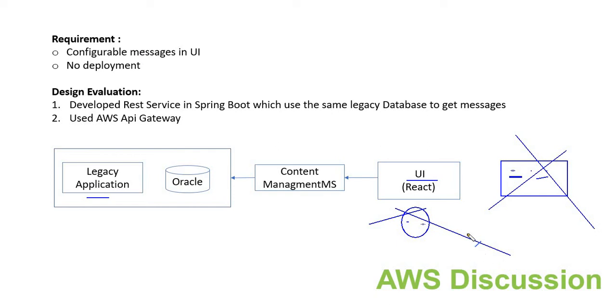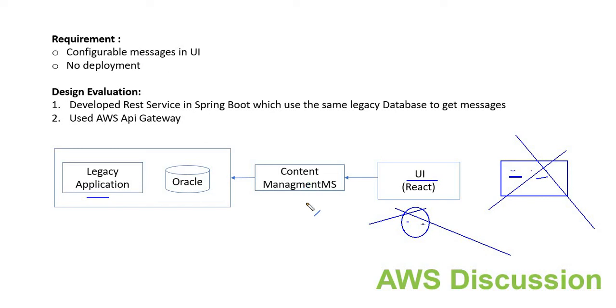So we thought we need to develop a new microservice, a content management microservice, which can get the data for the key we send. Based on the key we send, it returns a value. So we designed a content management microservice.